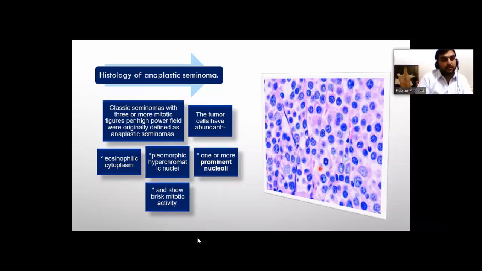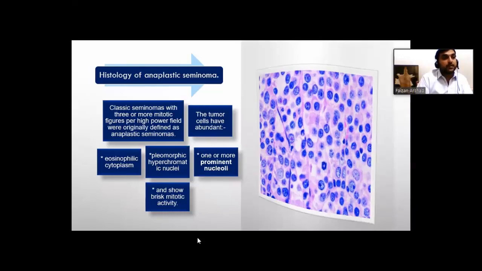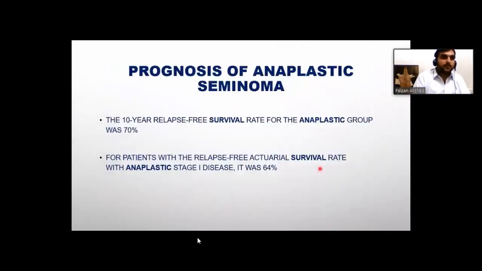Brisk mitotic activity is the key point in anaplastic seminoma, and it is more aggressive. Prognosis: the 10-year relapse-free survival rate for the anaplastic group was 70%. For patients with anaplastic stage 1 disease, the relapse-free survival rate was 64%.